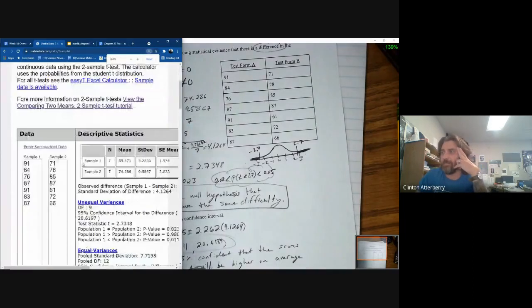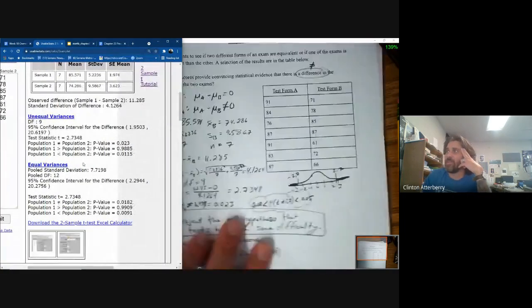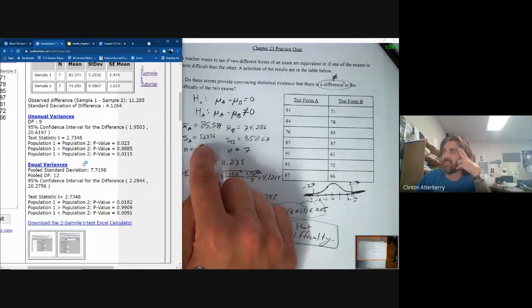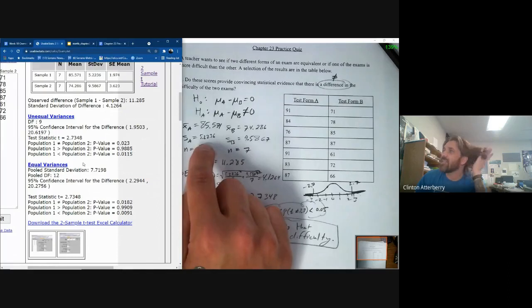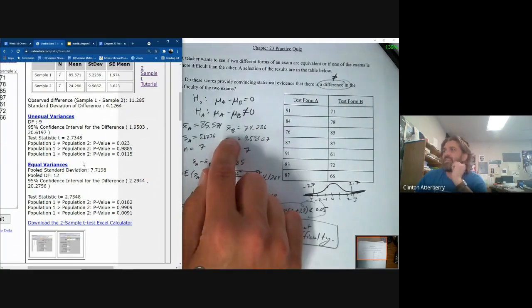Okay, one more time. My sample 1 average is 85.571. Standard deviation was 5.2236. Standard error, we don't even need that number. Our sample size was 7. Sample average for B, 74 something.